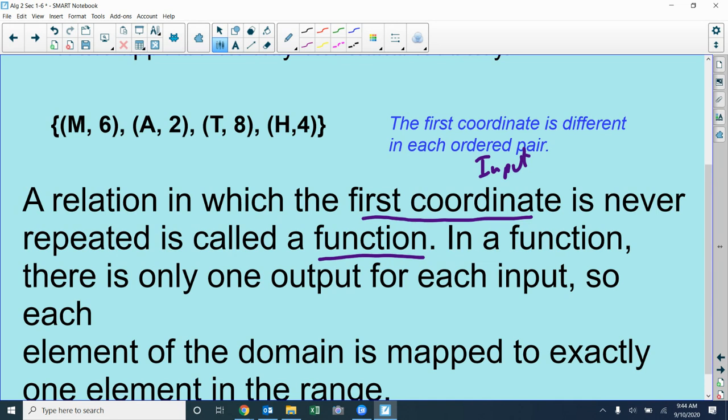Very important. That's the main thing today. The first coordinate is never repeated. It's called a function. So the element of the domain is mapped to exactly one element of the range.